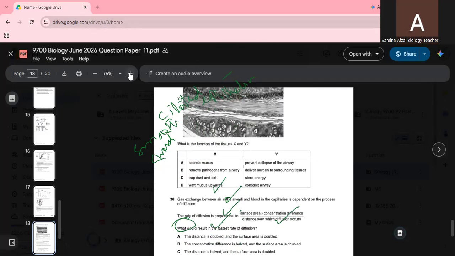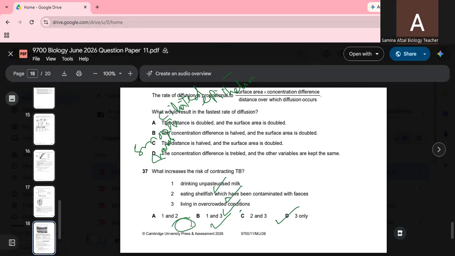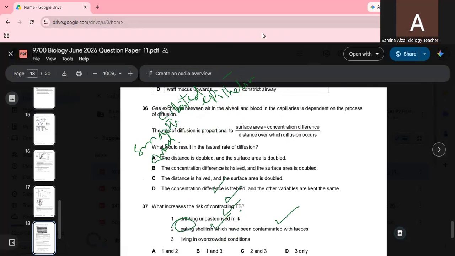Question number 36. So question number 36 has been shown over here. Gas exchange between air in the alveoli and blood in the capillary is dependent on the process of diffusion. So the rate of diffusion is proportional to surface area times concentration difference divided by distance over which diffusion occurs.